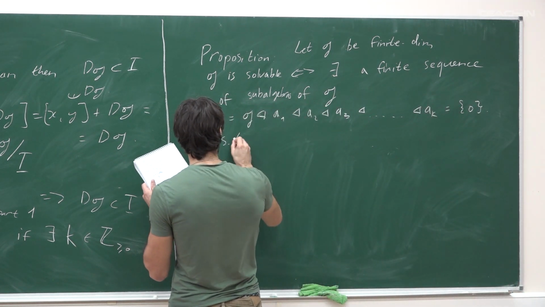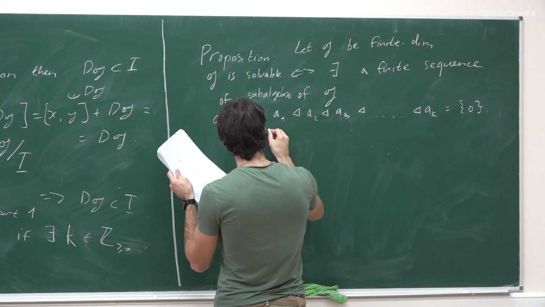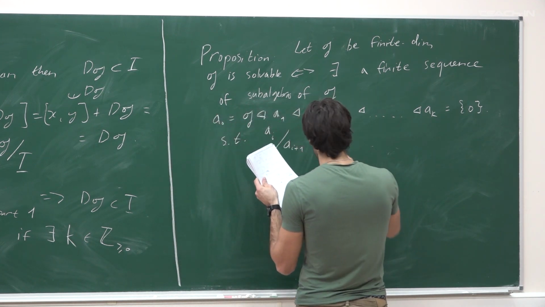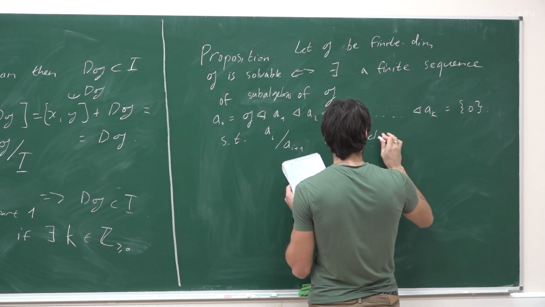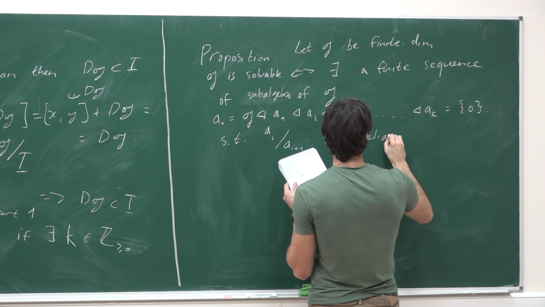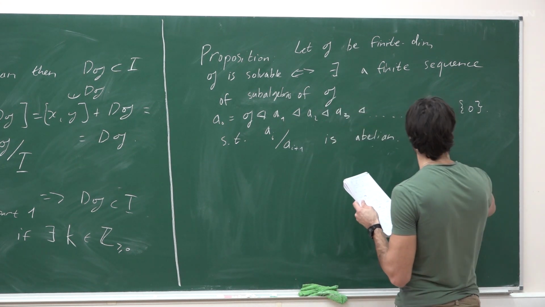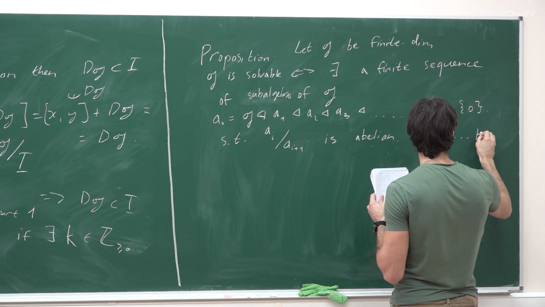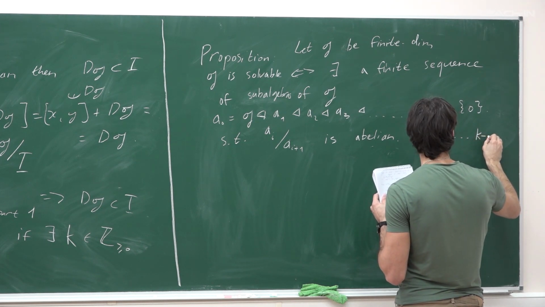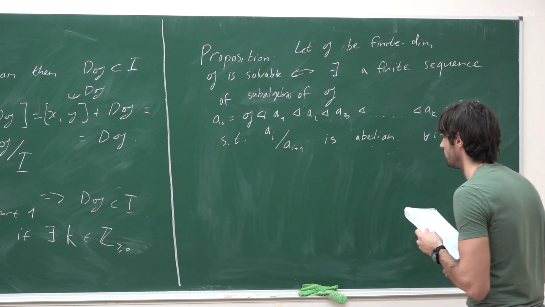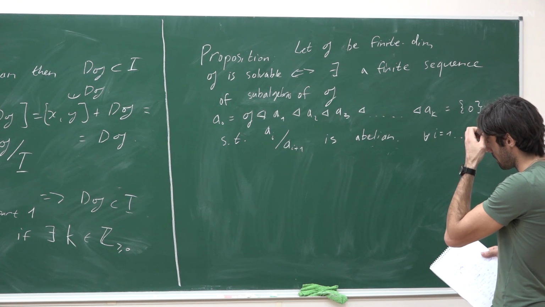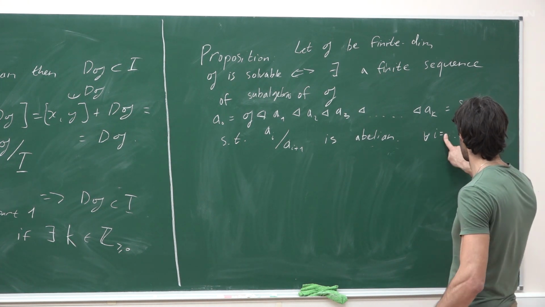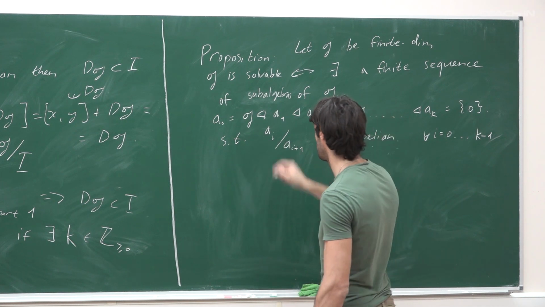And I would like, in this sequence, the following property, that A_i quotient by A_{i+1} is abelian, for every i from 0 to k minus 1.